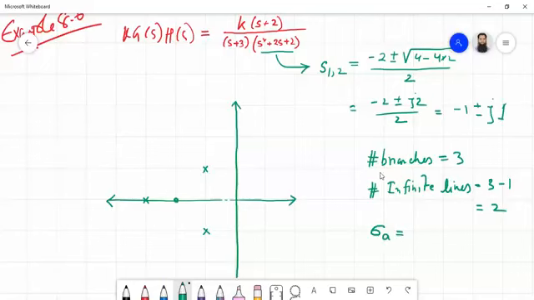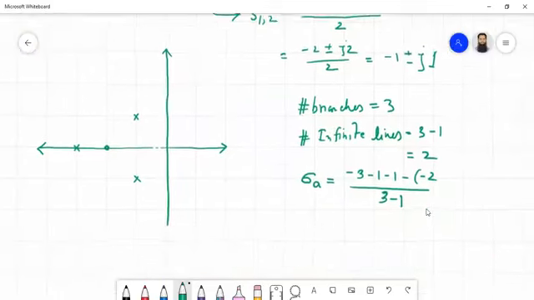So the poles are actually minus 3, minus 1, minus 1. So we are taking the real parts of these poles. Minus 2 divided by 3 minus 1. So basically 3 minus 1, that is 2 as well.